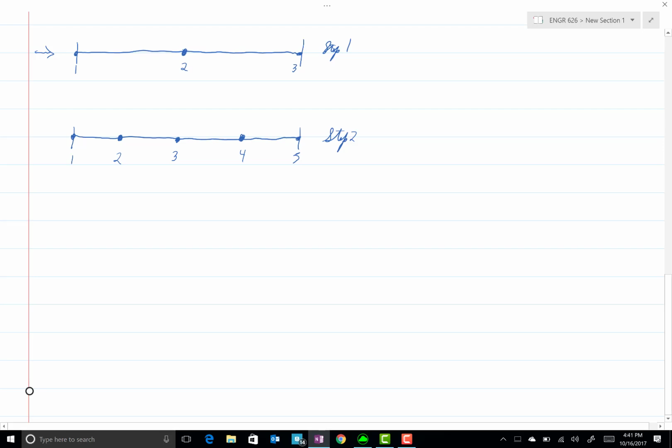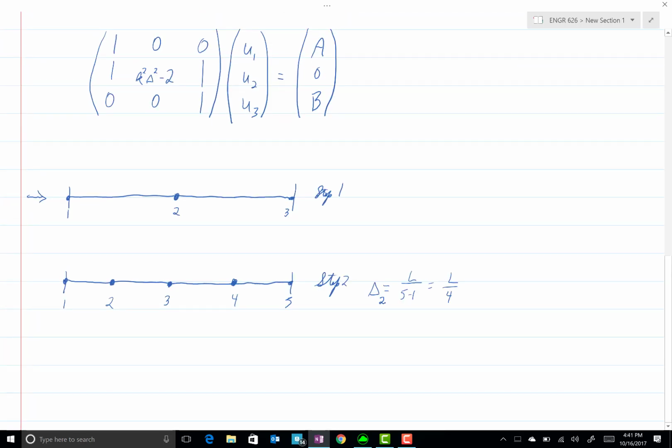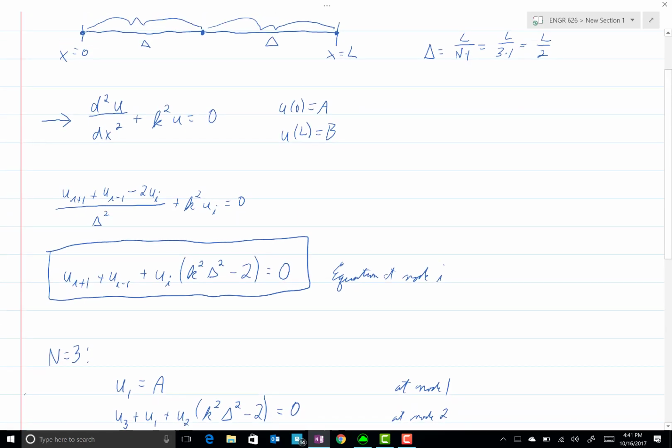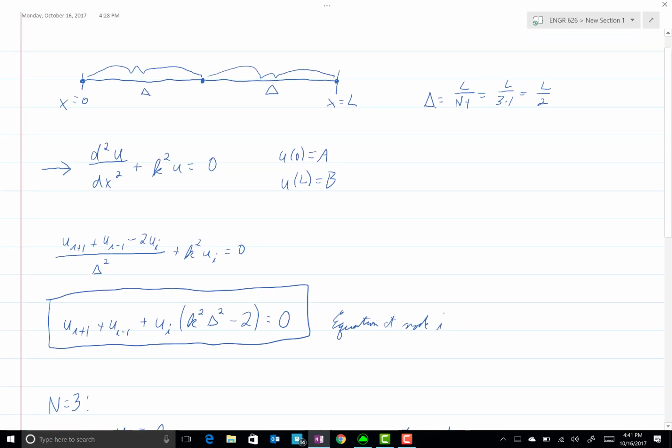Now for step 2, notice that delta for step 2 is now equal to L over 5 minus 1, which is L over 4. So maybe I'll put this as delta 2, and up here I'll say delta 1.